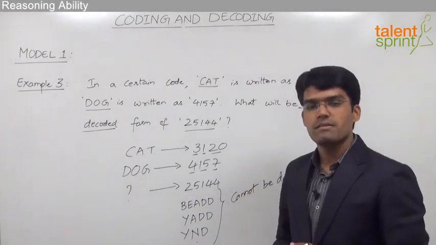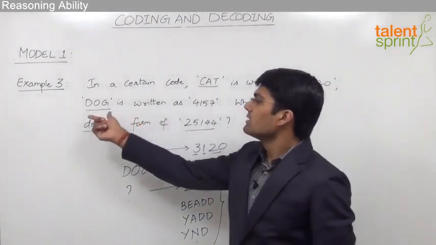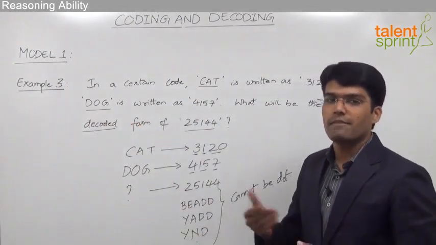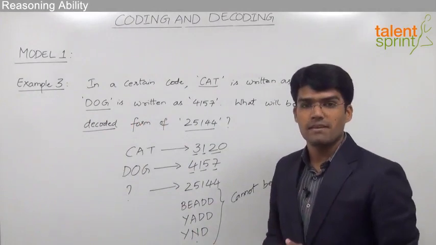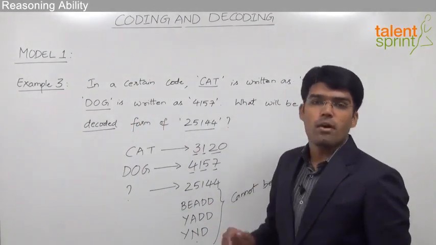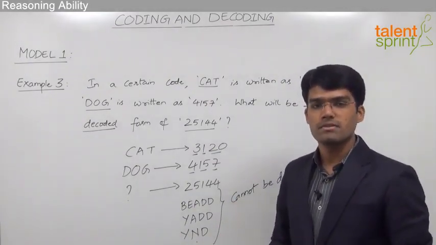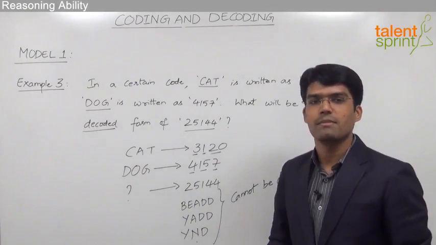So from this question we can understand that the codes which are based on the positions of the letters in the alphabetical order as well as reverse alphabetical order, there the decoded form can never be determined. Hence the answer for these type of questions should always be cannot be determined.